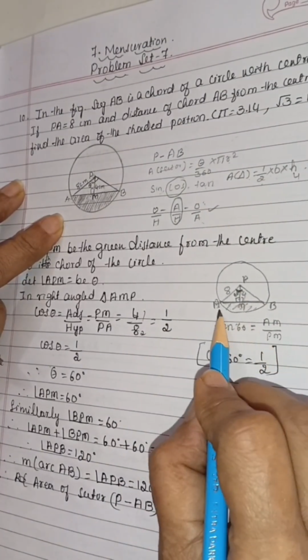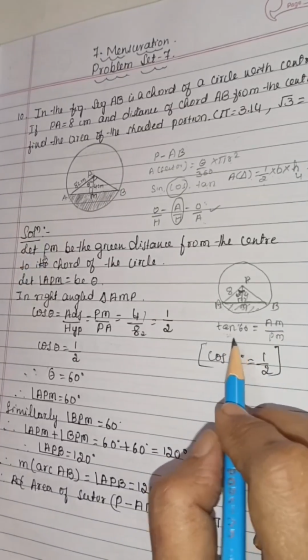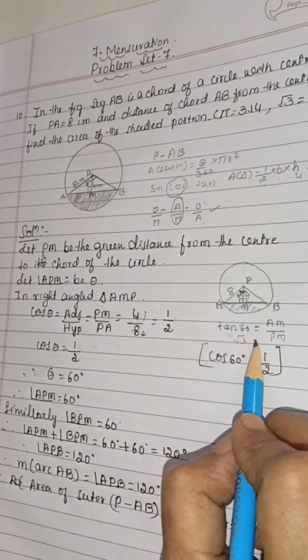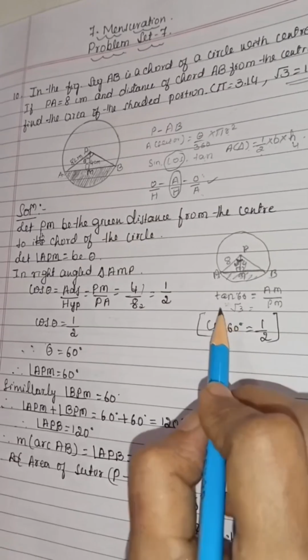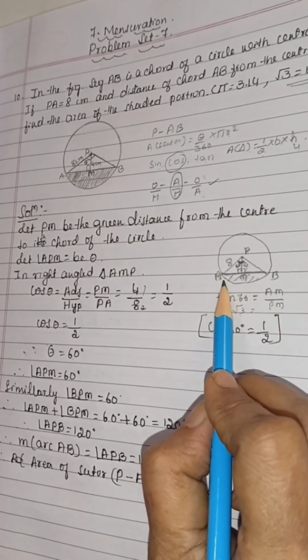What is AM? AM we don't know, but tan 60 we know. What is tan 60 from the trigonometry table? Root 3. Tan 60 is root 3. Then AM we don't know, PM we know.